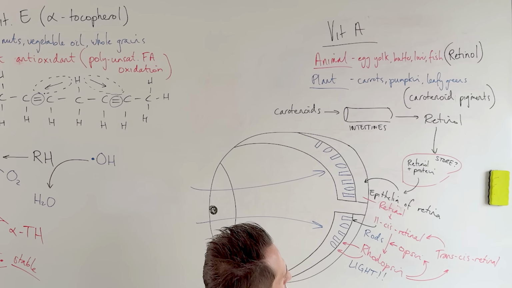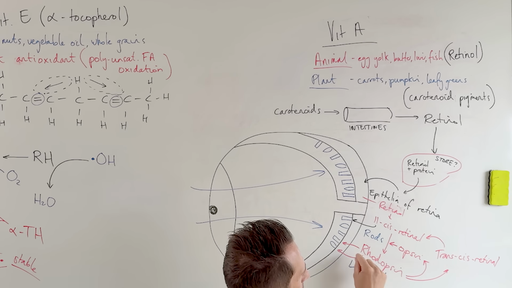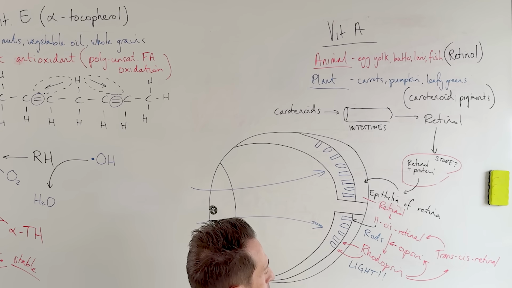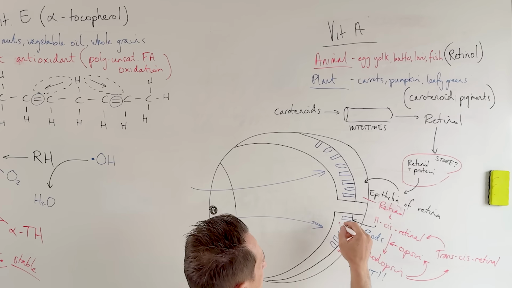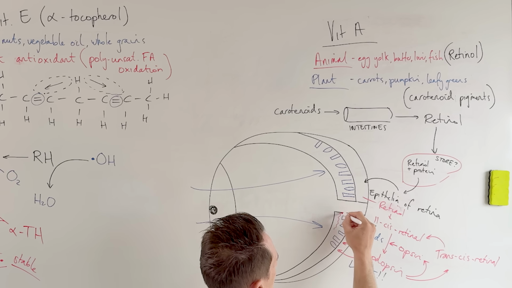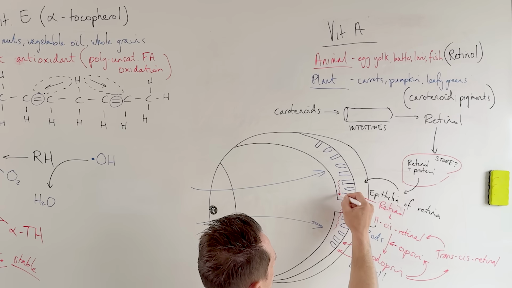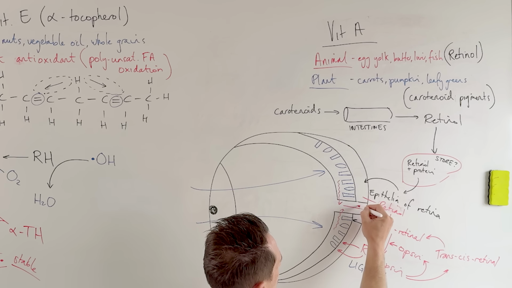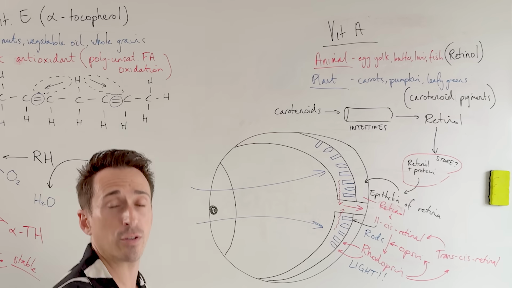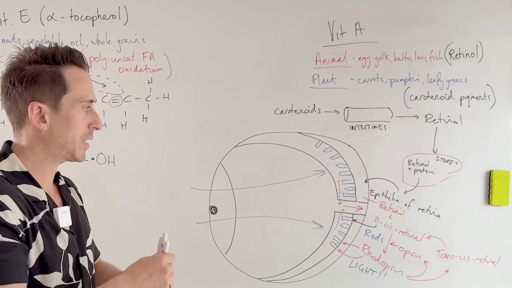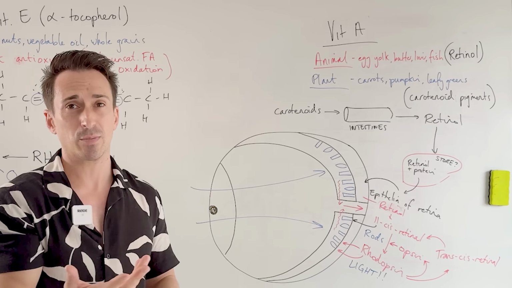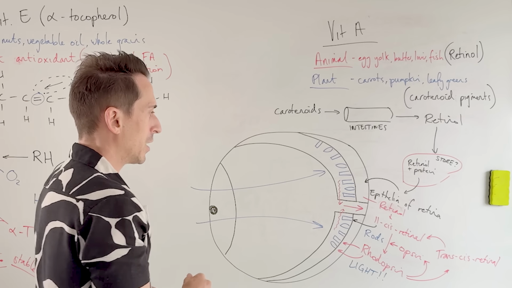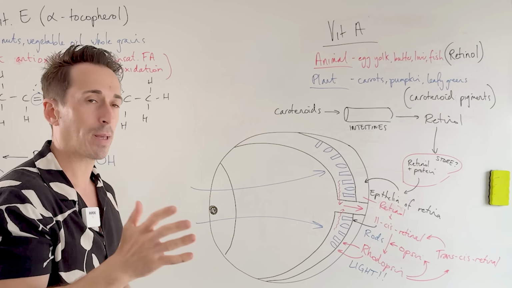And this whole process of light hitting it and activating the rhodopsin, through a process that's probably more complex than I can understand, transduces a signal via the rods and cones to the optic nerve, which goes to the brain and allows you to make sense of the light that you've seen. So obviously, vitamin A is really important in this process. So vision, probably the biggest function.